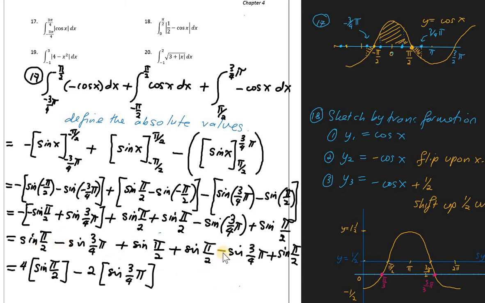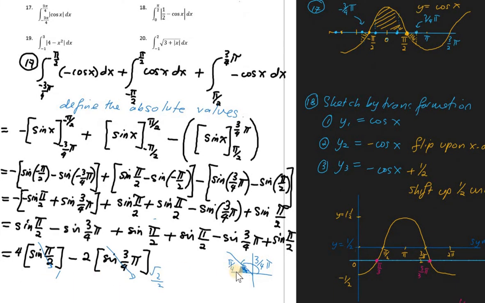If we simplify, we can see we have 4 of sine pi on 2. Sine pi on 2 is easy, sine 90 is actually 1. And here we have 2 of sine 3 on 4 pi. Do consider using the property for reading a big angle. It's similar to a reference angle of pi on 4.